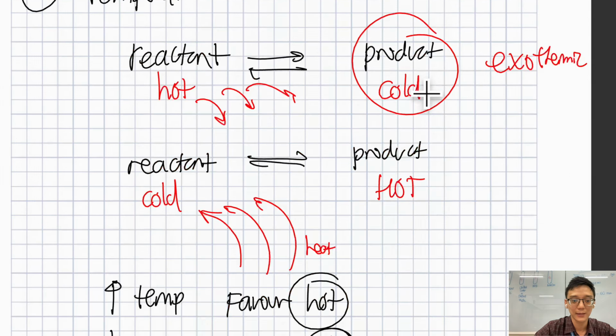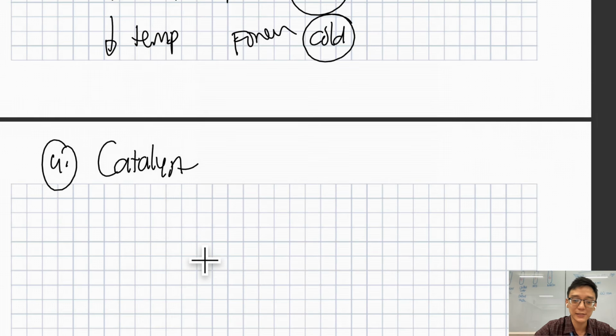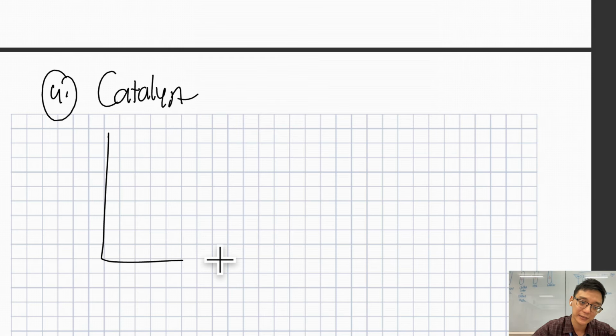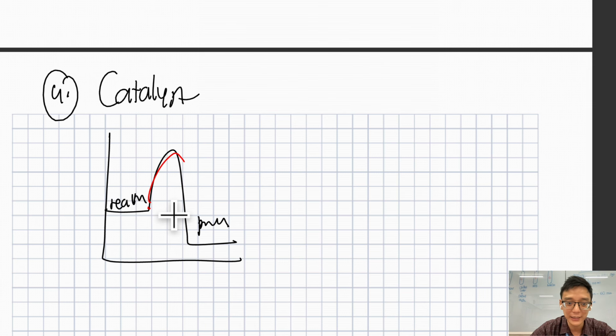Okay? So one more factor is catalyst. A catalyst works by lowering activation energy in a reaction. So this is the reactant, this is the product, and this is the minimum level of energy that needs to be achieved. If you have a catalyst, then the energy requirement will be much lower, like this.